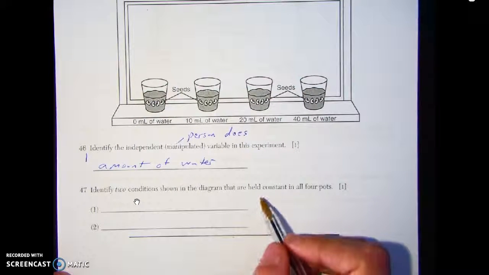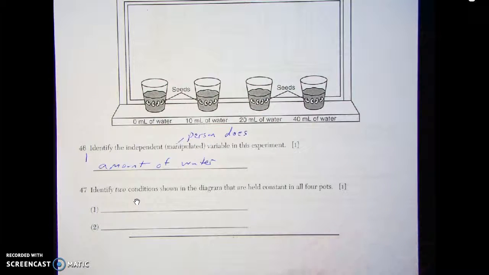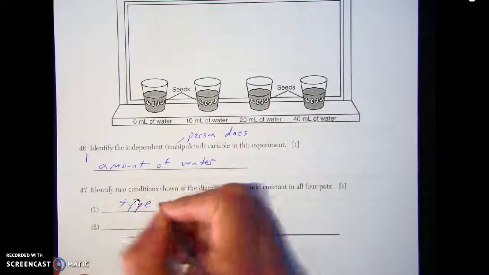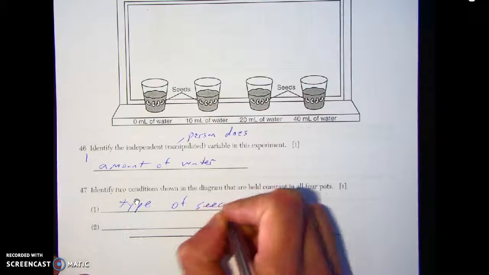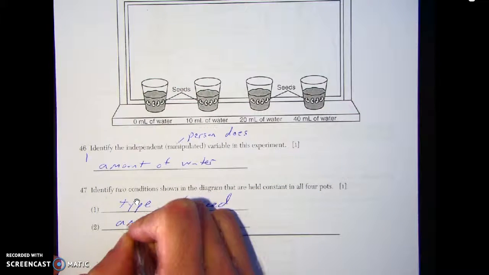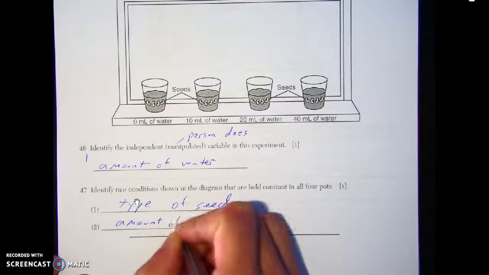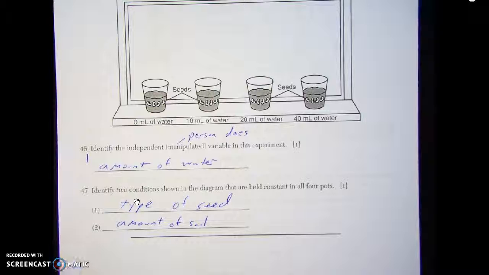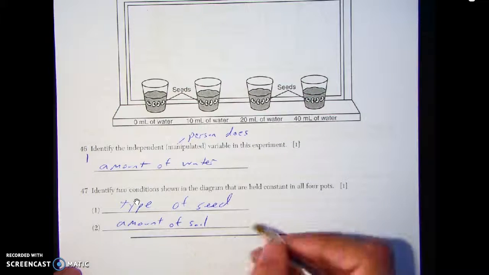And then it asks you for some constants, and there's lots of different things that you could put here. You could put type of seed, type of soil, amount of soil, and there's a whole variety of answers. You could put number of seeds, amount of sunlight, depth of seeds in the soil, size of seed, type of container, size of container, same temperature, lots of different things.